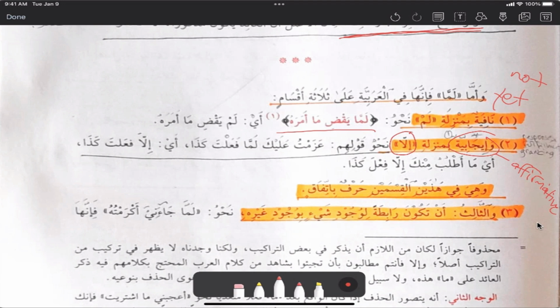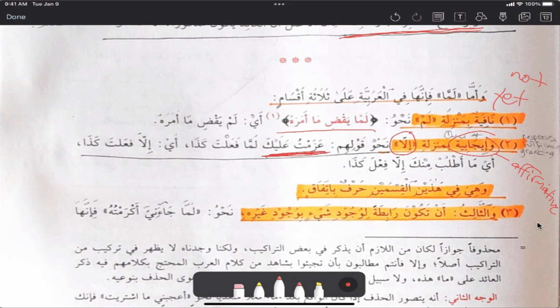So he gave an example. نحو قولهم عزمت عليك لما فعلت كذا أي ما أطلب منك إلا فعل كذا. So this statement means I have not demanded of you but such and such.